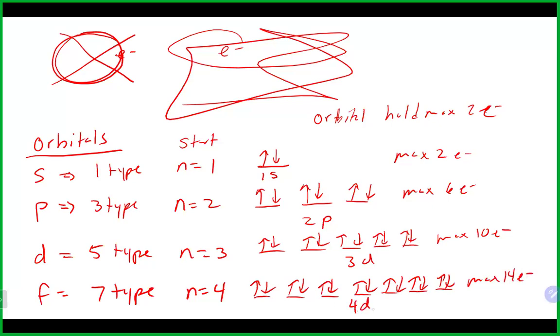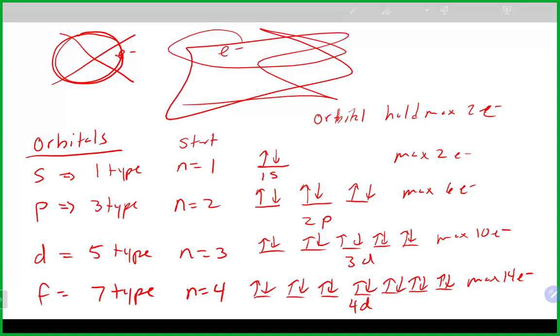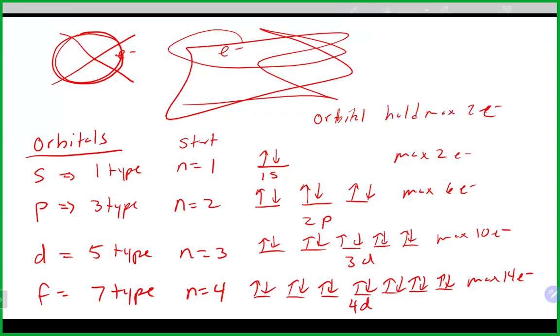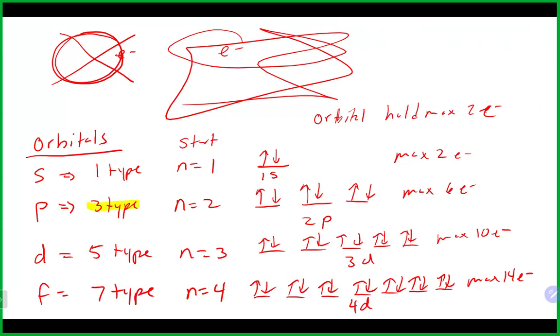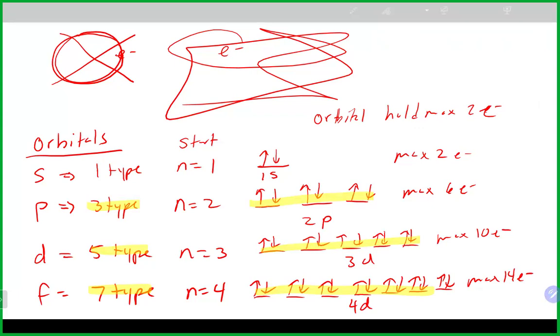That'd be like our 4f. Remember that when we have more than one orbital on an energy level like these, all of these together are sometimes referred to as a subshell.